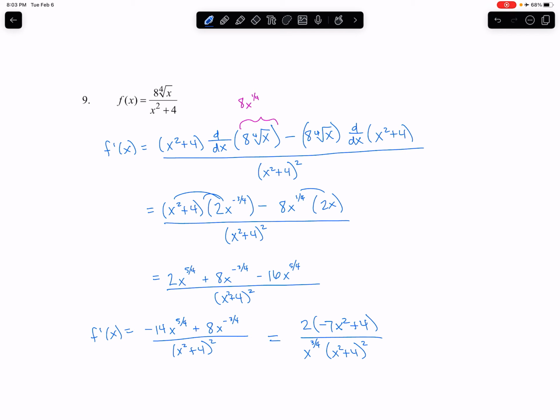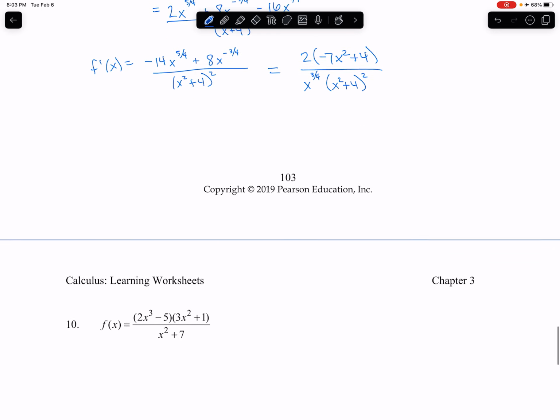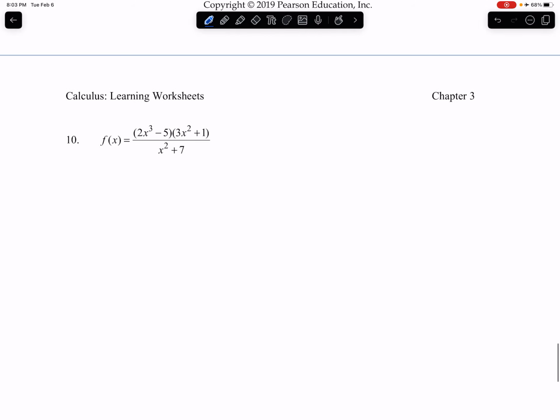Again, you'll just have to see how far it's asking you to simplify it. Using those exponent properties is always, always, always a good idea, no matter what.